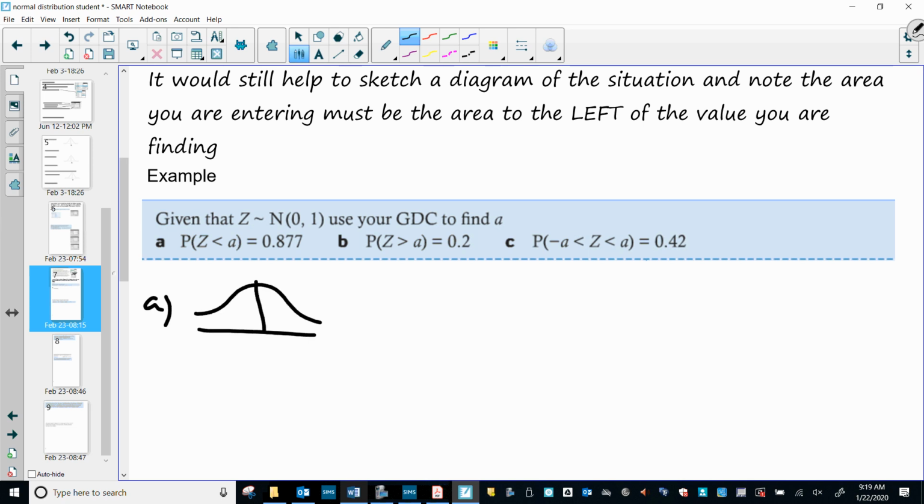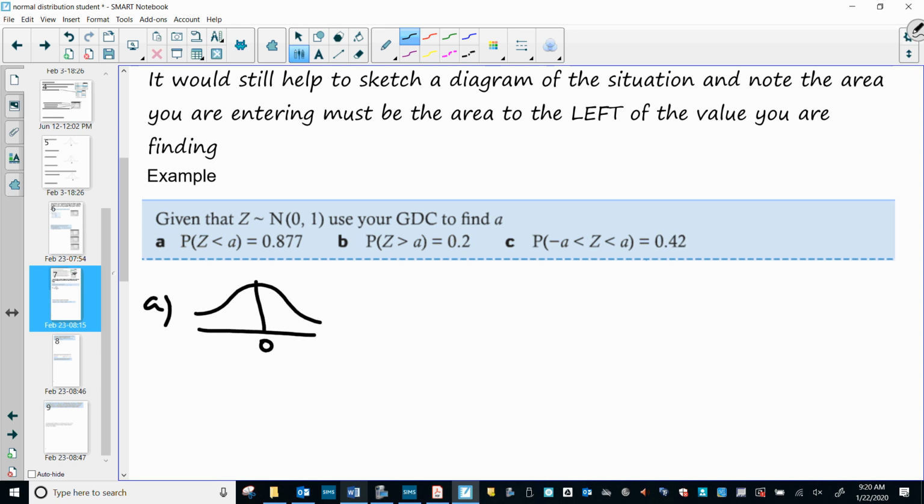Here's our little sketch. We've got 0, and we're trying to find that the probability of a value being less than a given value is 0.877. So this is where you need to use your noggin. We've got 0.877 and it's got to be the area less than a value.